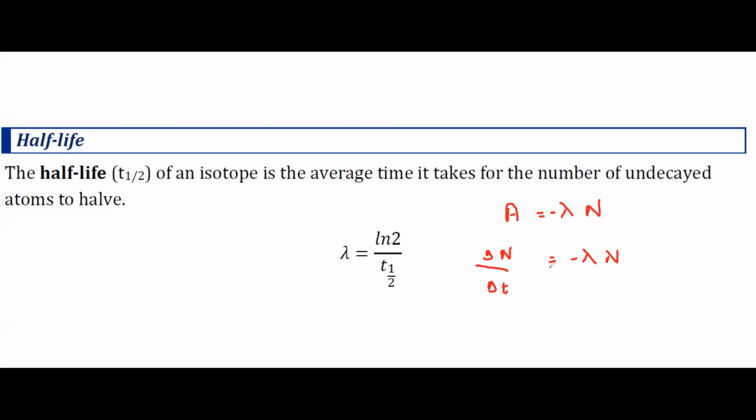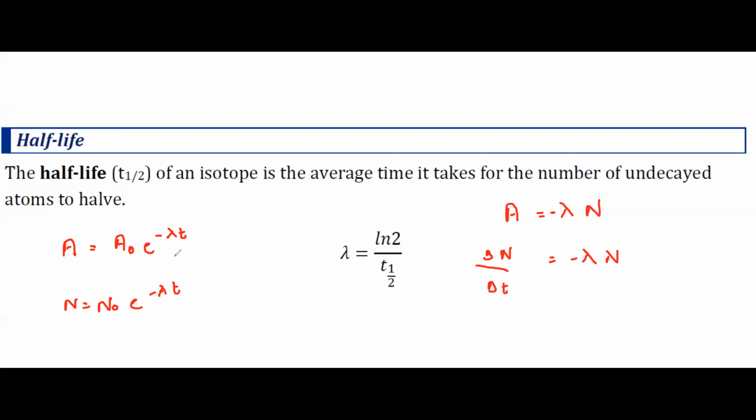So when we simplify this equation, integrating and taking ln on both sides, the formula which relates the activity and the decay constant is A equals A naught e raised to power minus lambda t, and N equals N naught e raised to power minus lambda t.